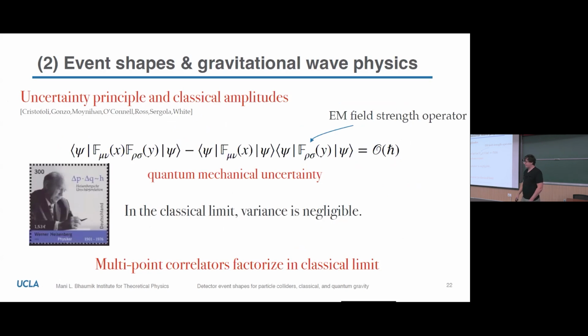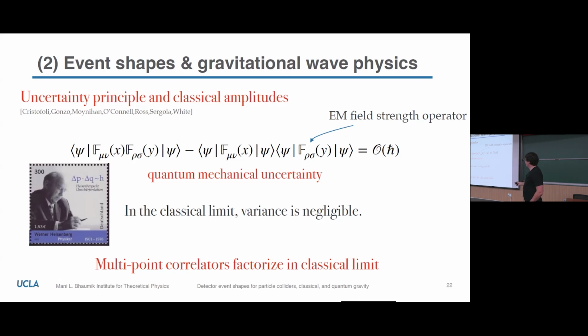One thing with classical physics, due to some nice work by Donal O'Connell, Cristofoli, Gonzo, and others, is that we know in classical physics there is no quantum uncertainty. And what this means effectively is that higher point correlation functions factorize.